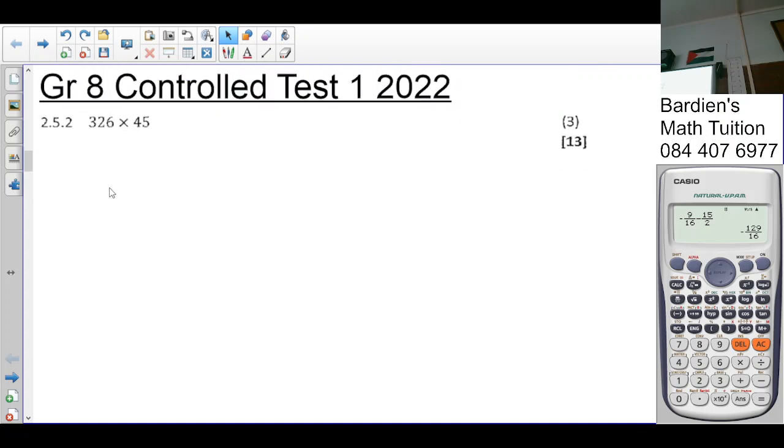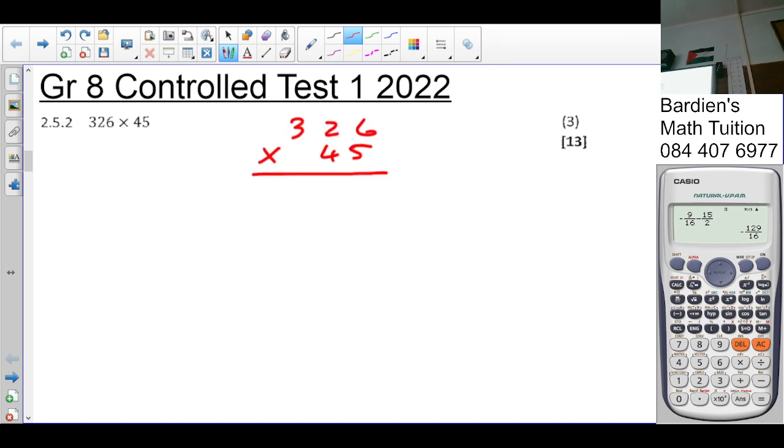Now moving to multiplication. So it's 326 multiplied by 45. So let's go with the 5. 5 times 6 is 30, carry 3. 5 times 2 is 10, plus 3 is 13, carry 1. 5 times 3 is 15, plus 1 is 16.